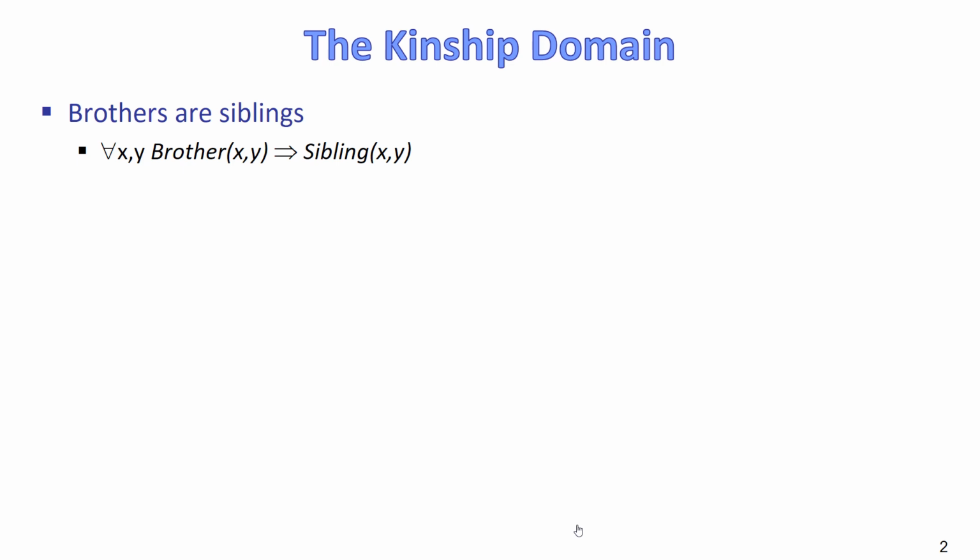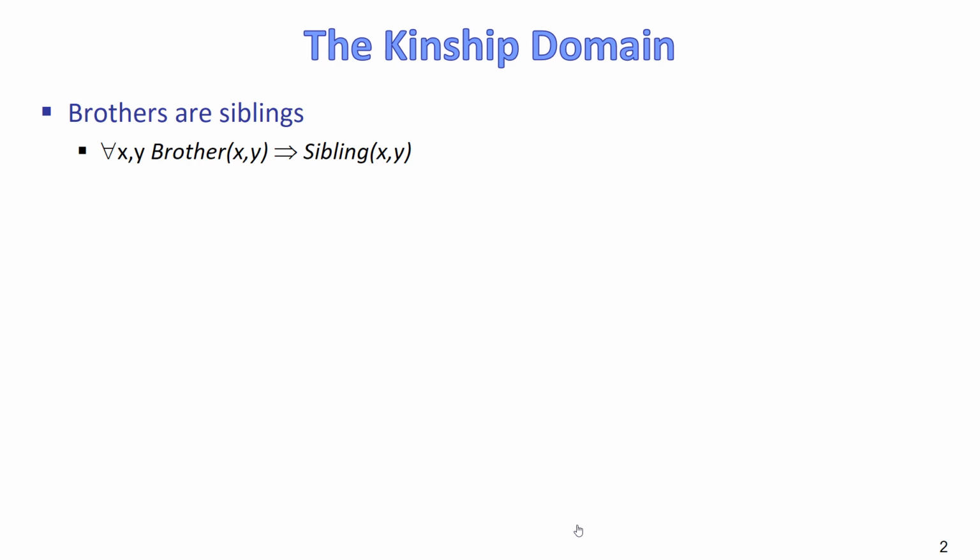How can we define relations in a family? First we define some easy definitions, something like brothers are siblings. If X and Y are brothers, then they are also siblings. So that's kind of a rule.